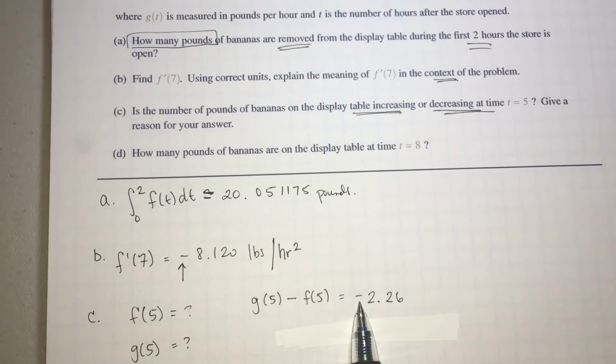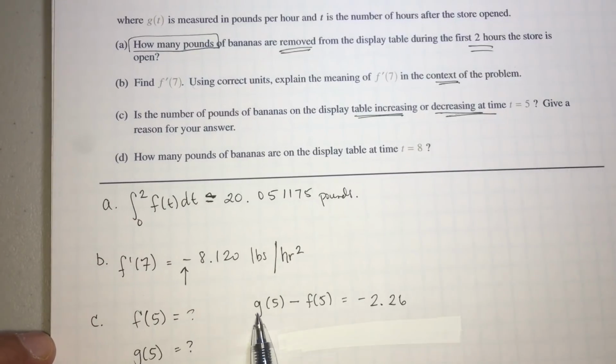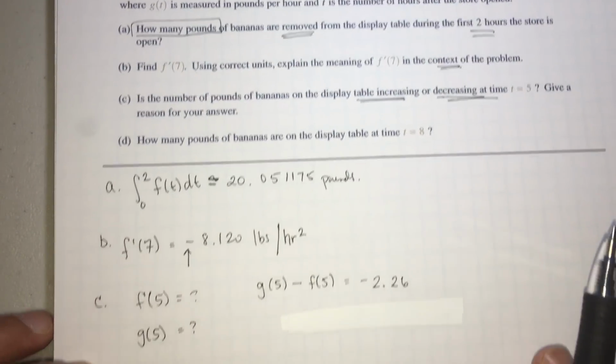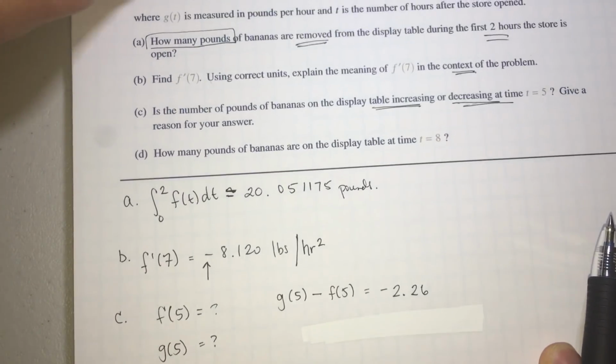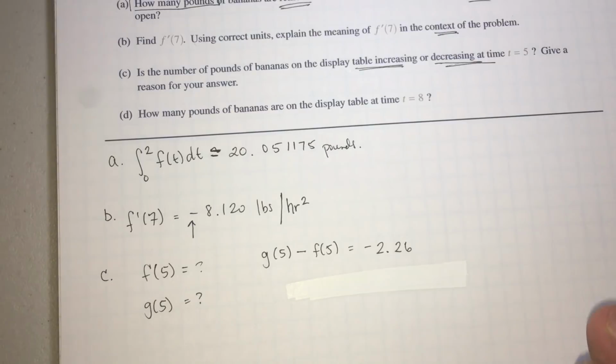They're taking out more bananas than they can restock. Hopefully that makes sense. You have two rates that you're talking about here. That one's a bit of a tricky one. You just have to read it carefully.